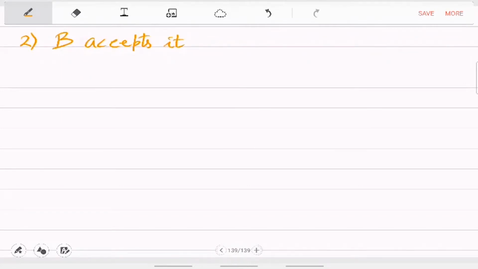Bob accepts it only after checking whether y is the same as phi r x. Note that Bob has x, has y, and also has the hash function.